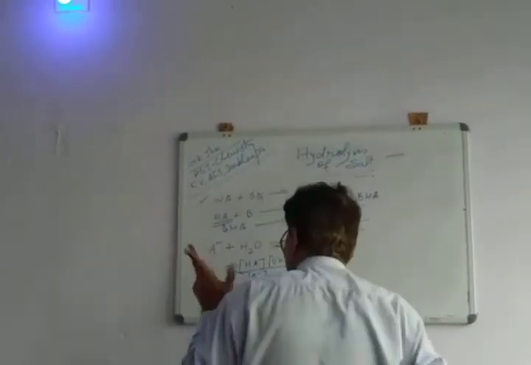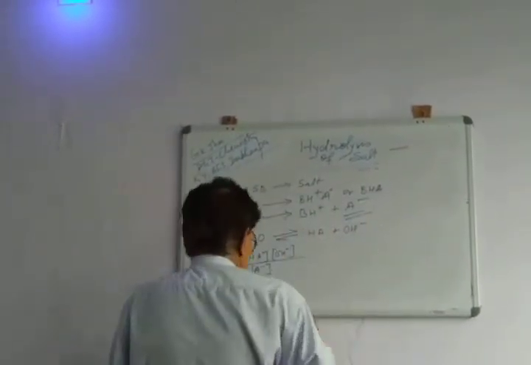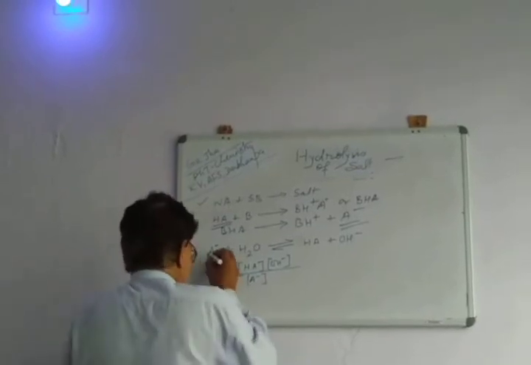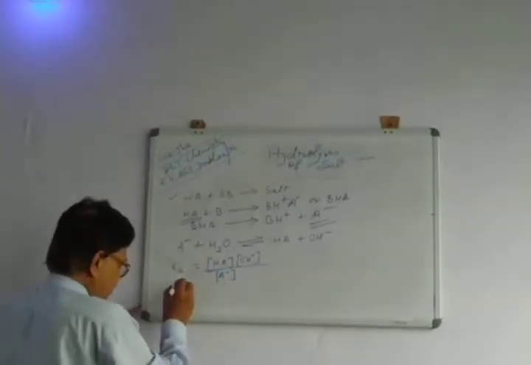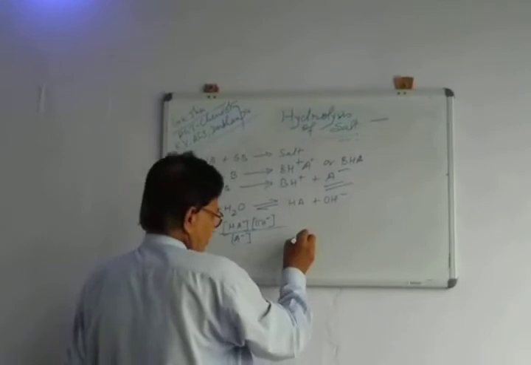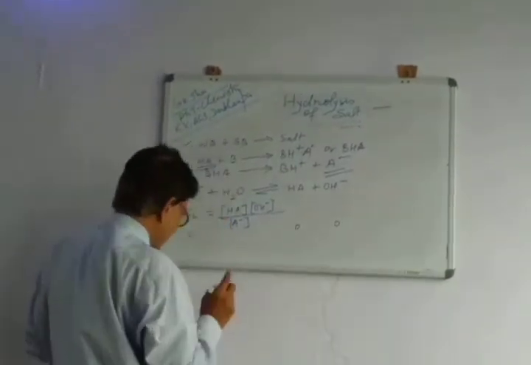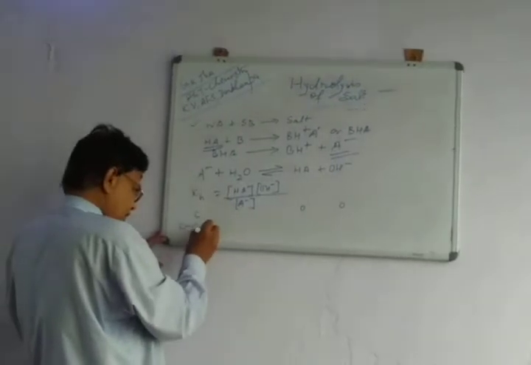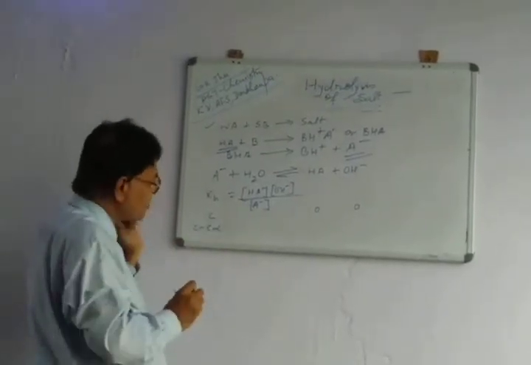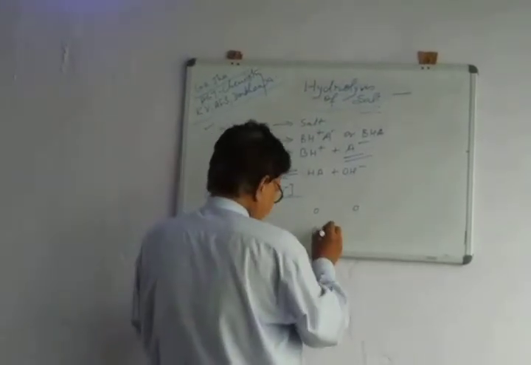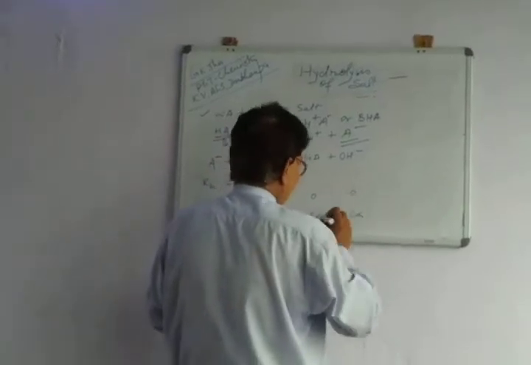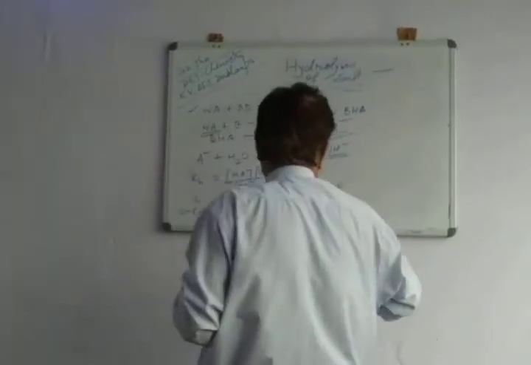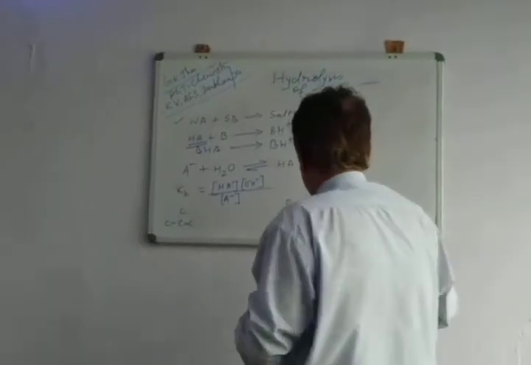Also, suppose the initial concentration of A minus is C, so the initial concentrations of HA and OH minus will be 0, and at equilibrium what will this be? C minus C alpha, where alpha is the degree of hydrolysis, so we have C alpha and C alpha. So for OH minus we have C alpha.